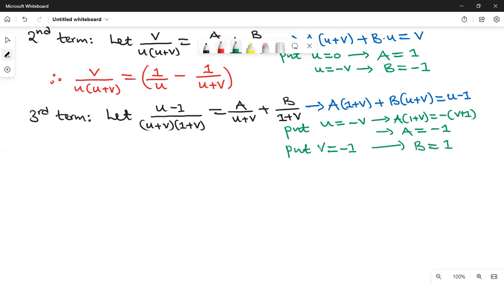So then it means that, therefore, u minus 1 over u plus v into 1 plus v can now be written as negative 1, which was a, over u plus v, plus 1 over 1 plus v.